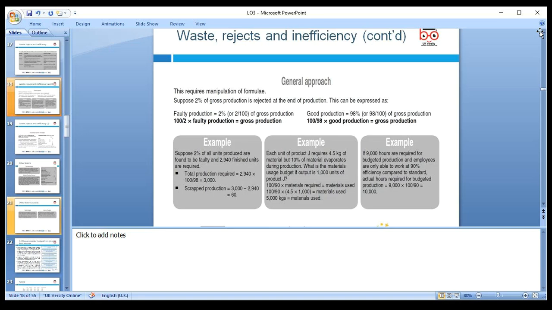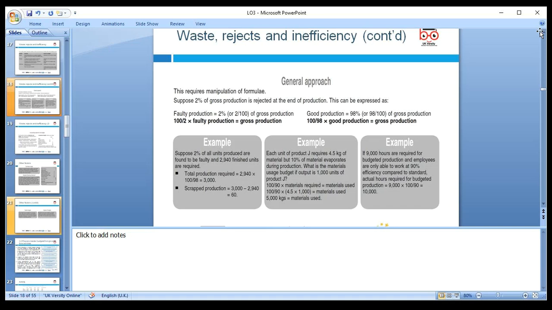So 2940 times 100 divided by 98 gives 3000 units. We need to make sure we make 3000 units. Then the actual finished goods without any waste will be 2940, so the scrap will be 60 units, and the scrap value can be different.